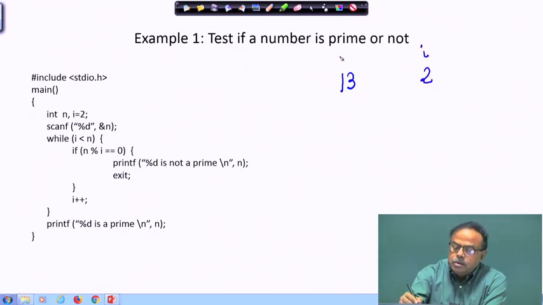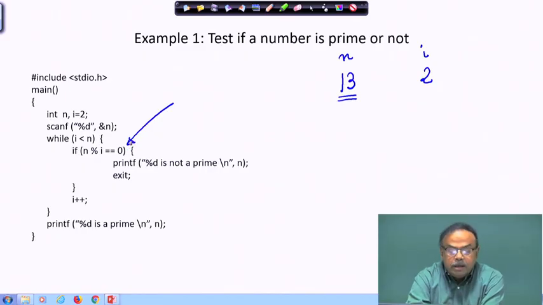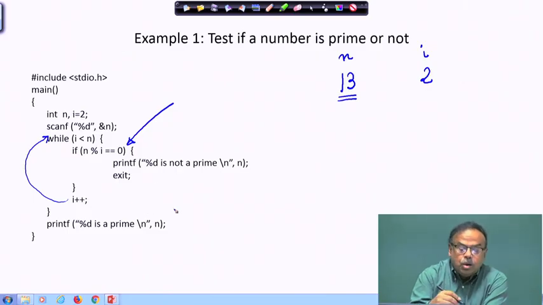Since it is a prime number, this condition will never succeed. So, I will have to carry on this loop, and ultimately when I exhaust all the possibilities, then only I will come to this point.